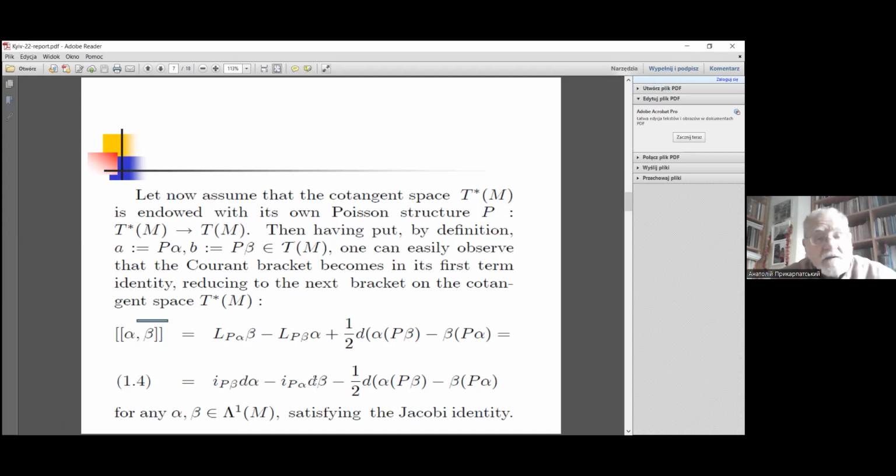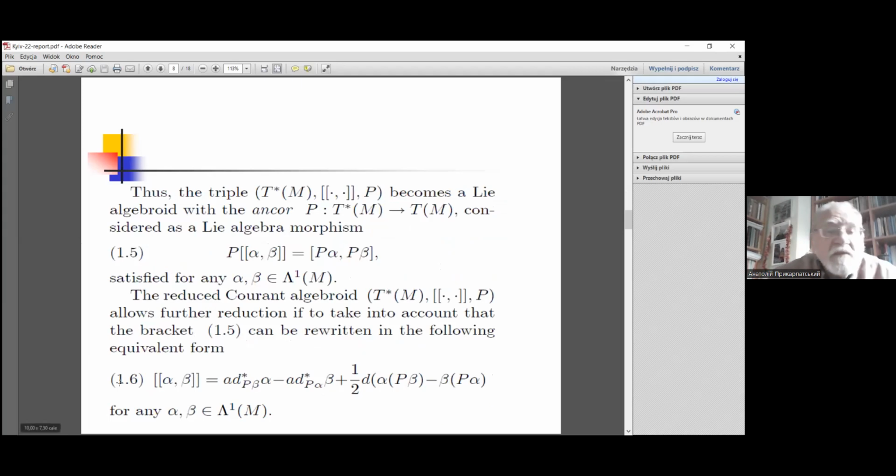So we have a Lie structure on the cotangent space, which is in some sense obtained from the Poissonian structure on the manifold M. So we also have the following morphism structure for this case of algebroid, which we obtain, and the anchor P, which is a main component of the algebroid, coincides exactly with the Poissonian structure.